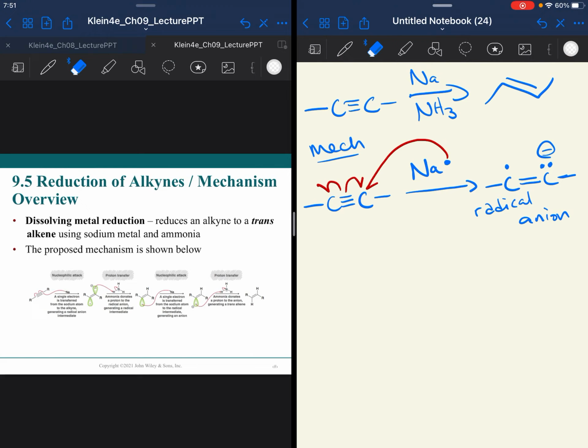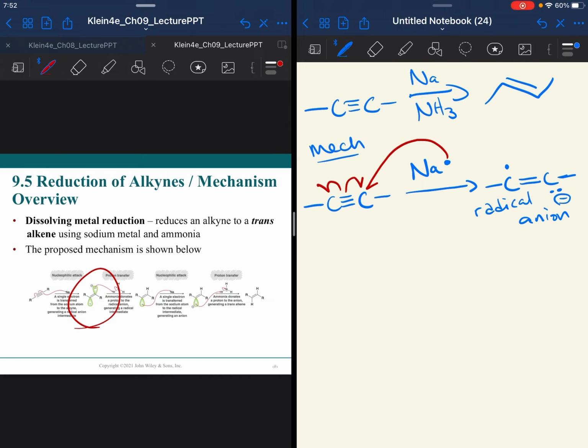Now, the way I should have drawn it, if I want to think about the actual geometry, is the radical and the anion adopt this sort of trans configuration, which spreads out the pain a little bit. The negative charge of the radical and the negative charge of the lone pair want to get as far apart as possible.